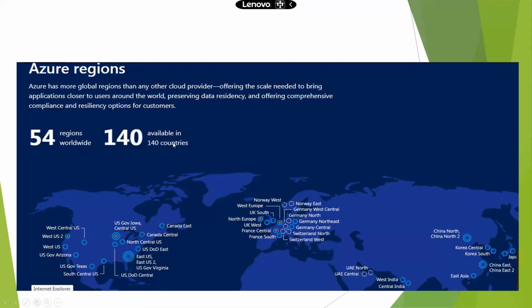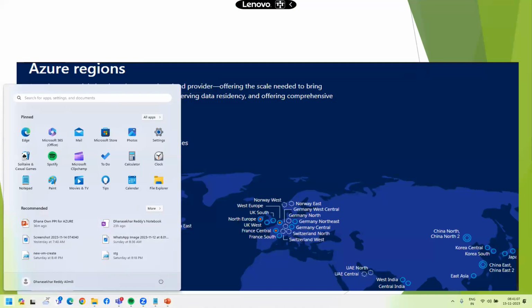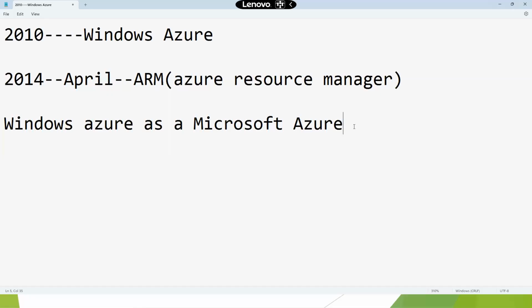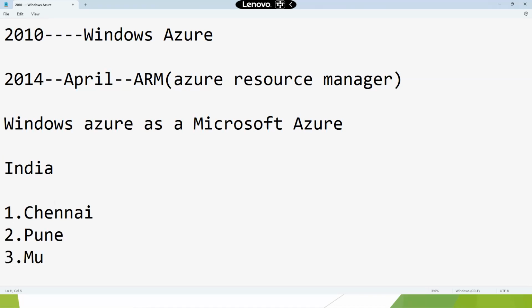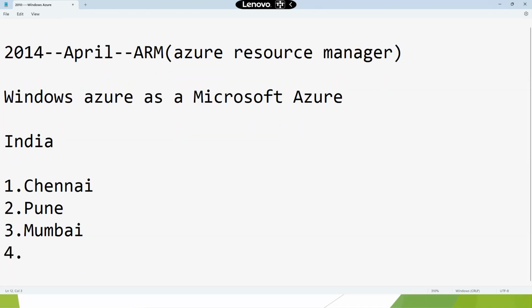Do you know how many data centers Microsoft has in India as of now? Three data centers as of now. One is Chennai, the second is Pune, the third is Mumbai. The fourth one they are going to establish in Hyderabad, which will be available by 2025.